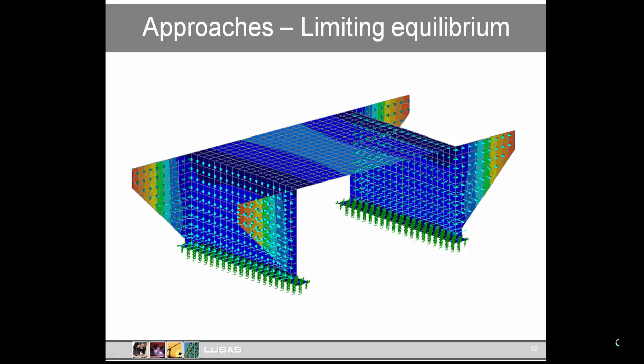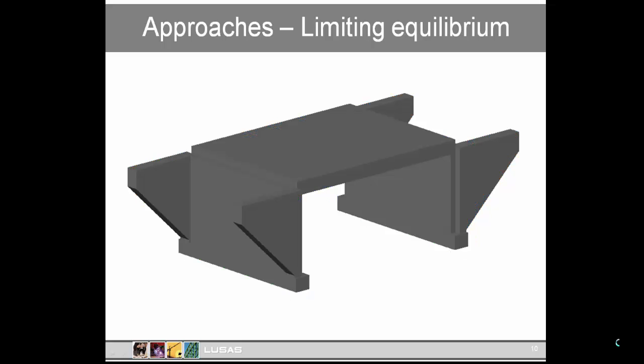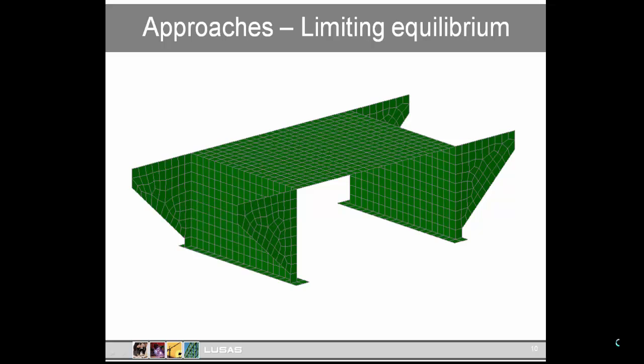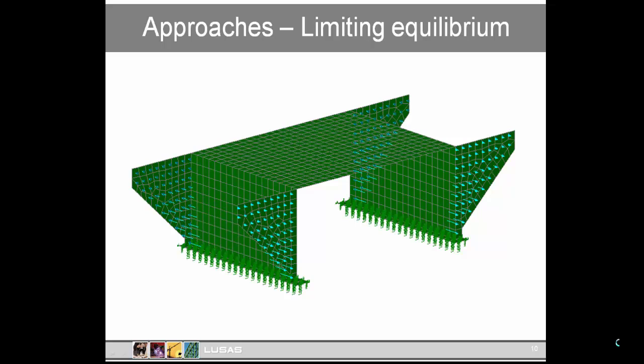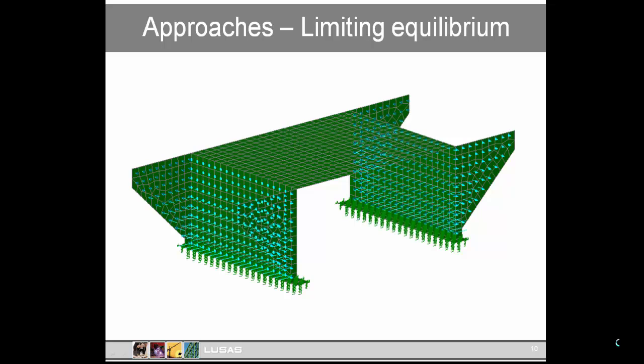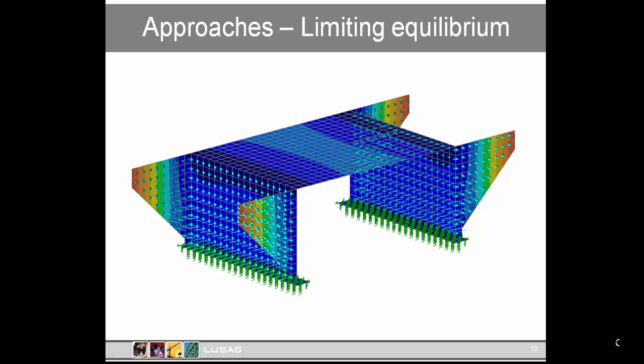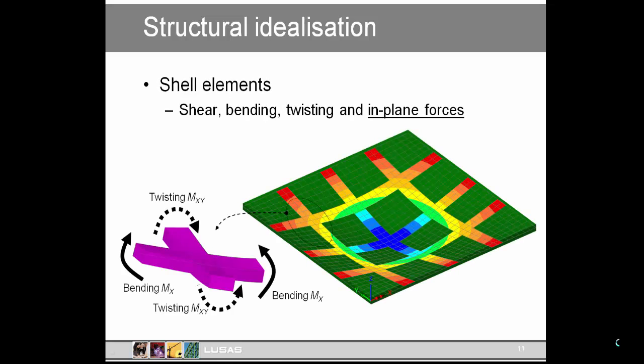I've illustrated a short span slab deck bridge, modelled with shell elements here, but it's worth considering for a moment the structural idealisation of the bridge itself, because shell elements are designed to handle shear, bending, twisting and in-plane forces in a way which correctly represents slab-type members.